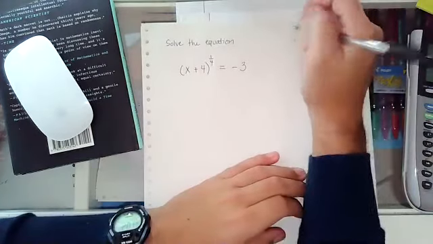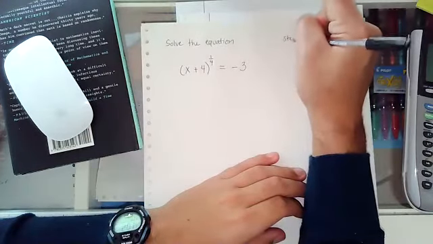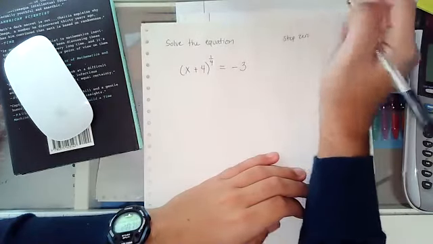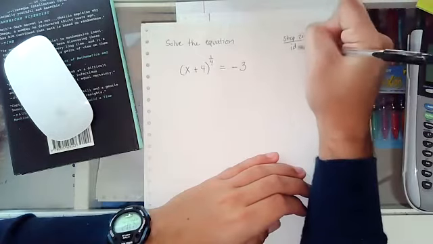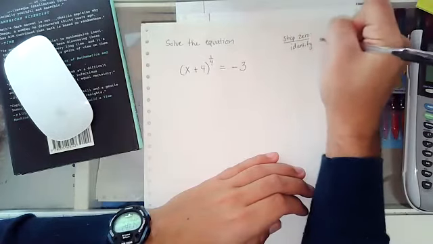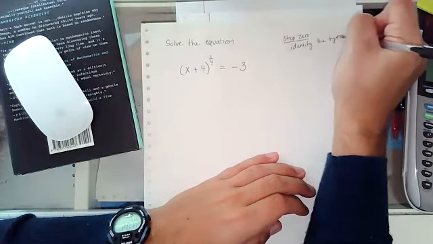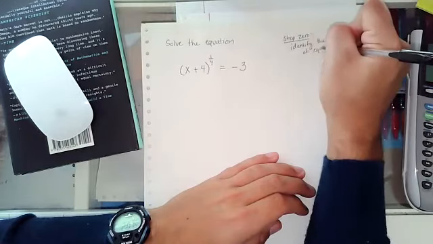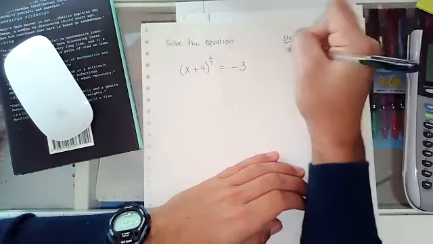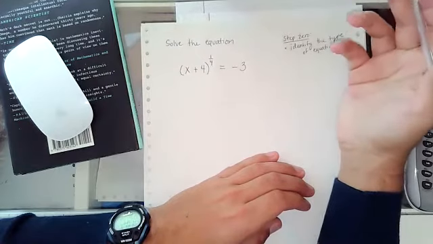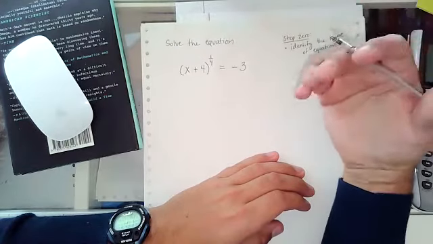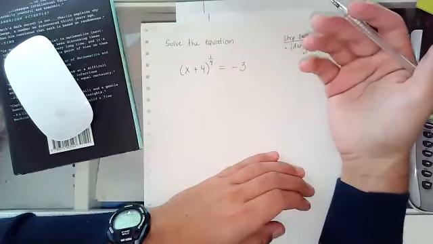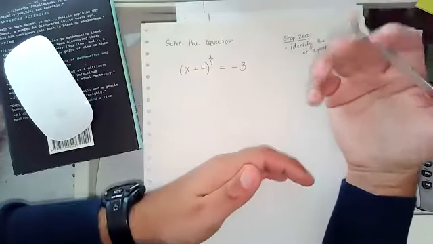So as I tend to do, I like to say step 0 is really identify the kind of equation. Because if you can't identify the type of equation, then you're probably having a hard time figuring out what the next step is, right?